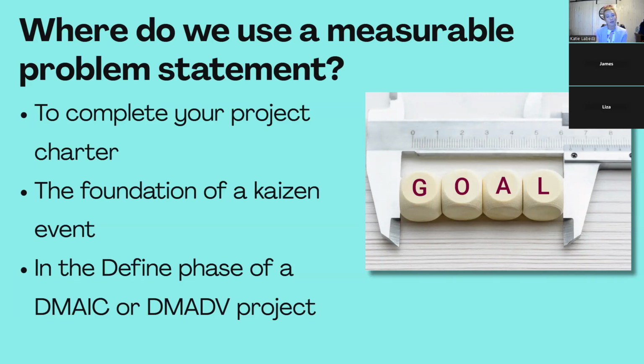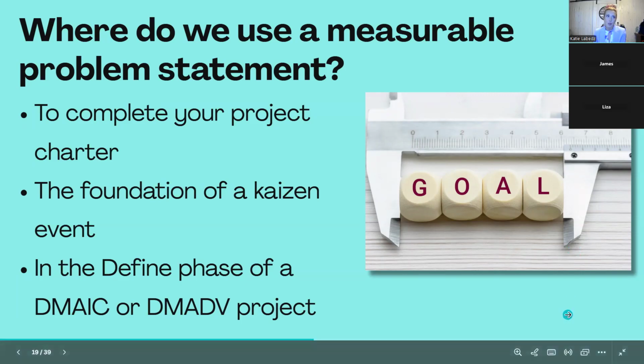Now, if you're not familiar, a DMAIC type is used when we have a current process that is broken. A DMADV is used when we have to create a brand new process because one does not currently exist. So that's where we use a measurable problem statement.